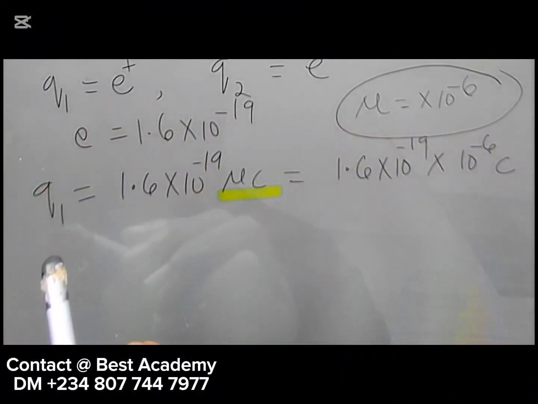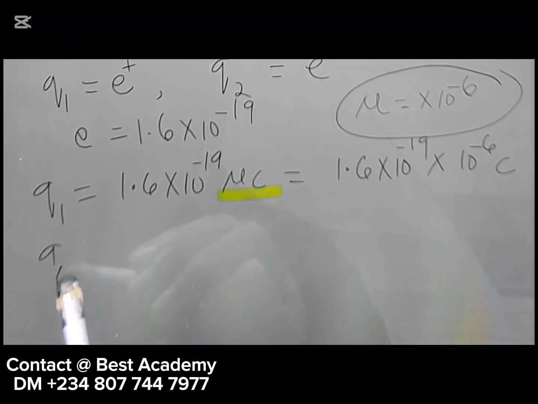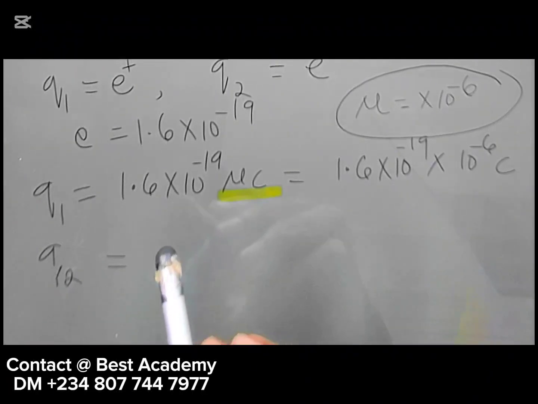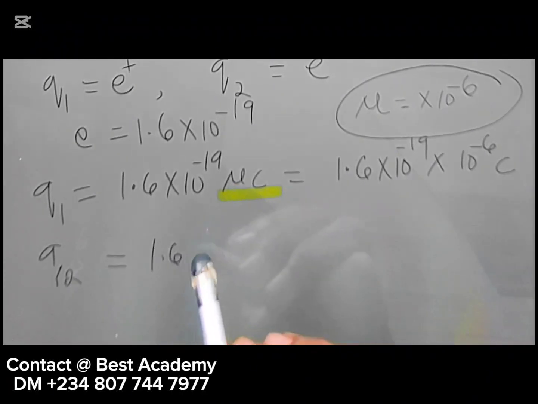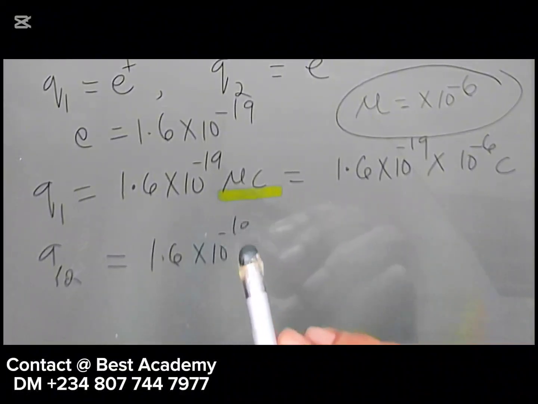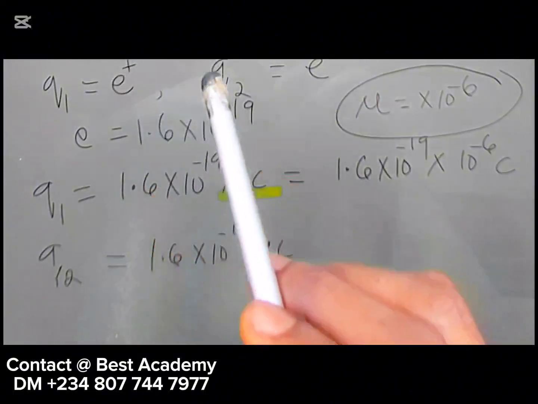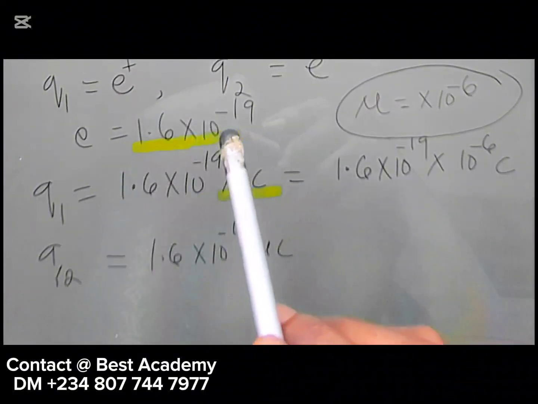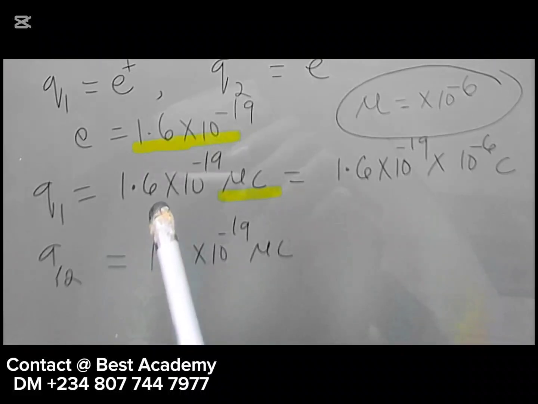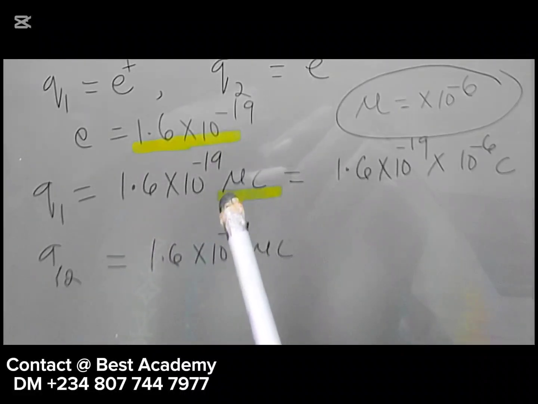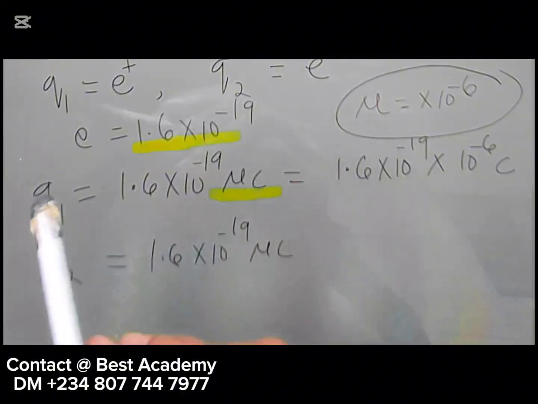So our Q2 is said to be also 1.6 times 10 to the power of minus 19 microcoulomb. That is the proton charge they gave to us in the question. But if the charge of the proton is not given to us, that means our value is going to be this here. But the one given to us here is 1.6 times 10 to the power minus 19 attached with the micro prefix.